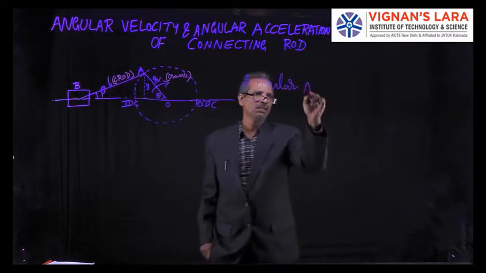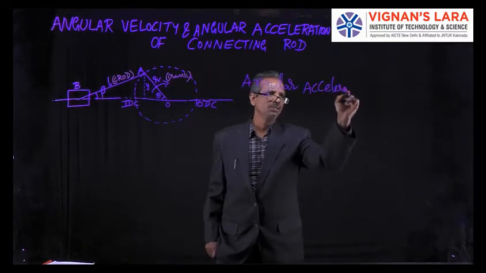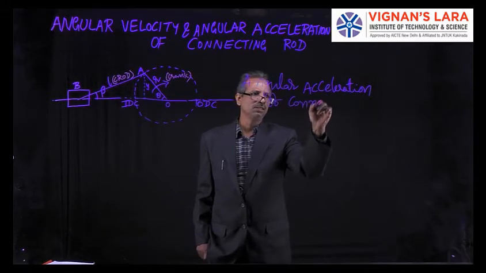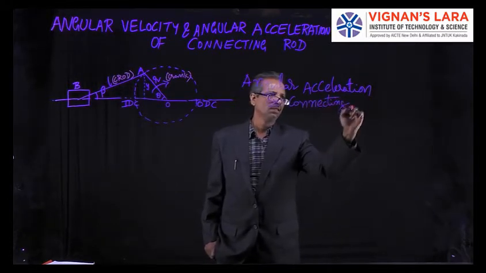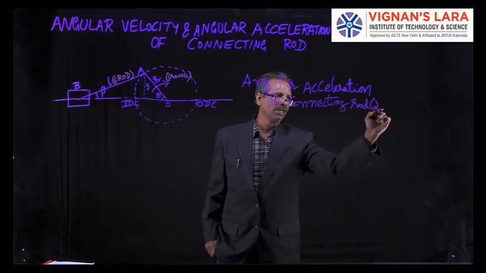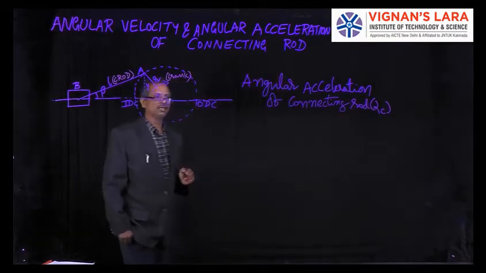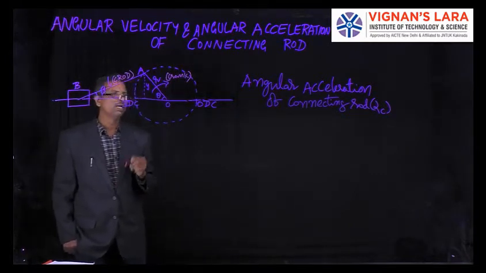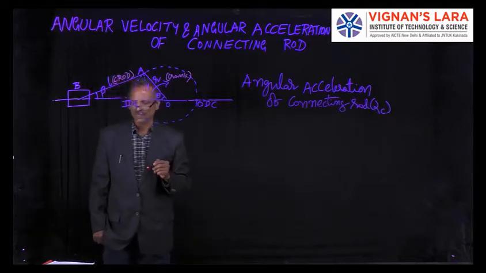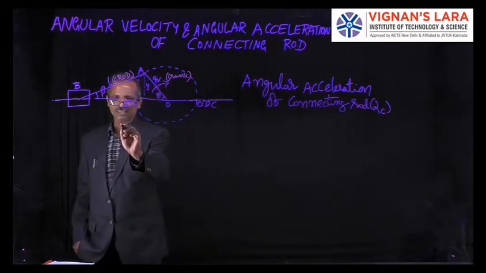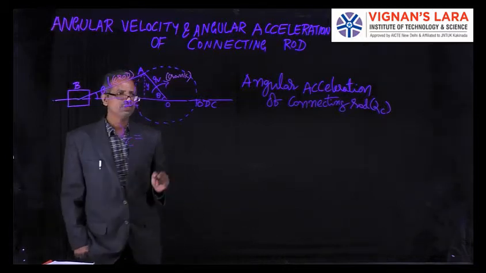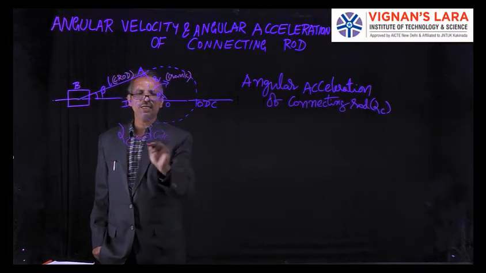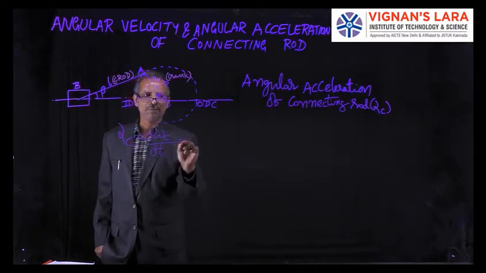Angular acceleration of connecting rod. Let me call it alpha c. So angular accelerations we write in terms of alpha. Alpha c is the angular acceleration of the connecting rod. So how we can write this: alpha c is equal to rate of change of angular velocity of the connecting rod, that is d omega c by dt.